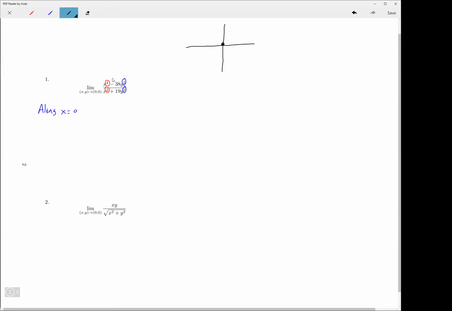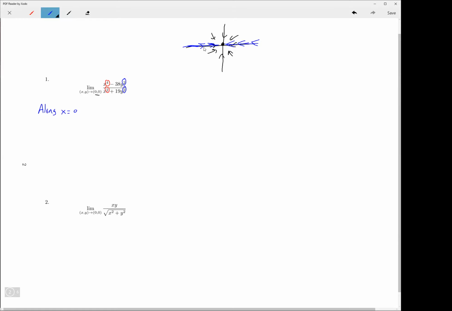We are basically looking at what happens as you approach that point from all different directions. You're approaching this 0, 0 point, which is right there, from all different directions. Okay, that's what that limit is. So approaching it along x equals 0, that would be approaching it along here, but also this way as well.